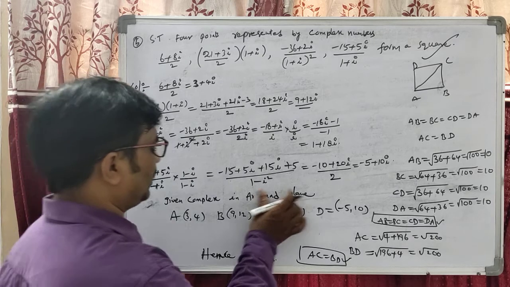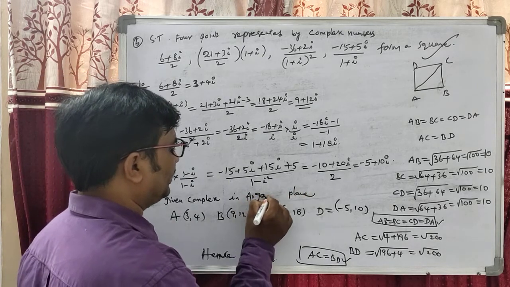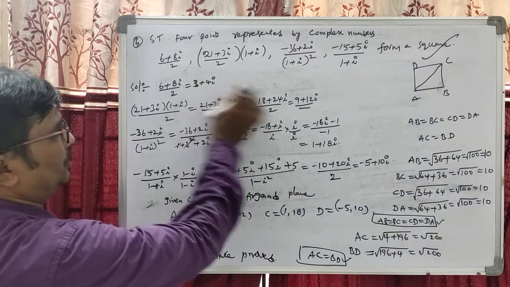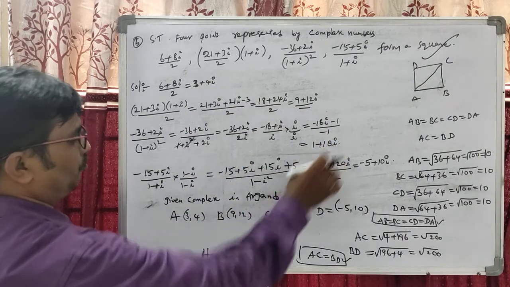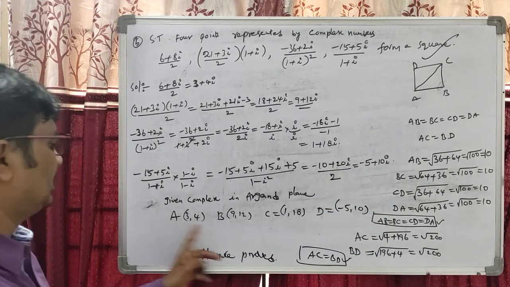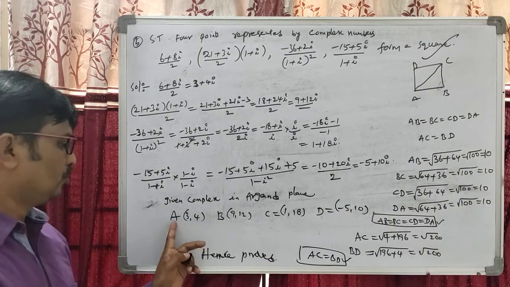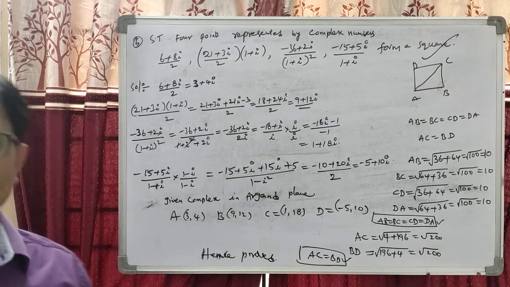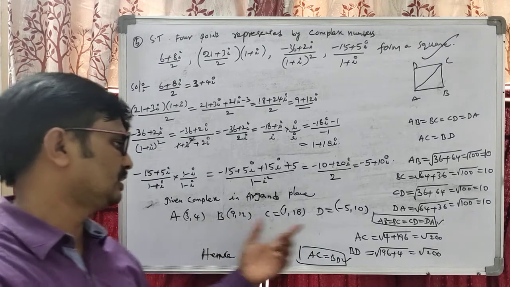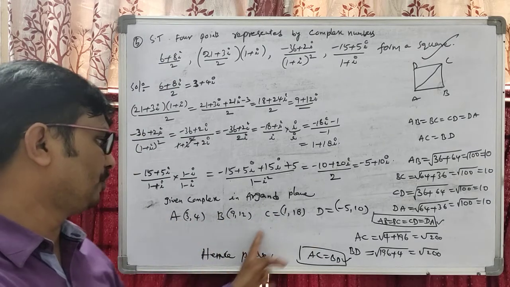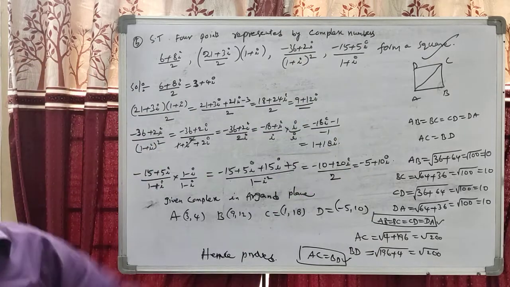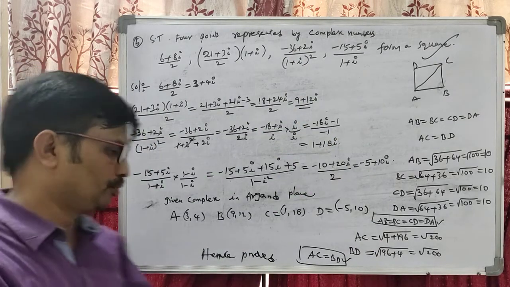So dear students, in the Argand plane we can write them as ordered pairs: (3, 4), (9, 12), (18, -5), (10, ...). After that we have to find the distance between two points, root over (x2 minus x1) whole square plus (y2 minus y1) whole square. We have to find distances AB, BC, CD, DA. Then also find the diagonals AC and BD, which are also equal. Therefore the given complex numbers form a square, hence proved.